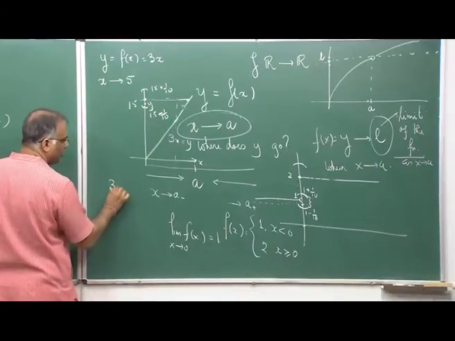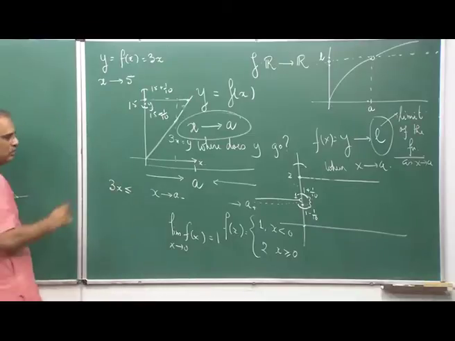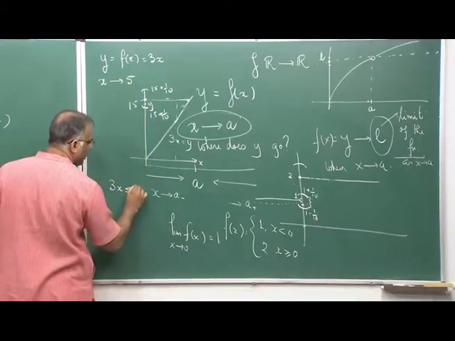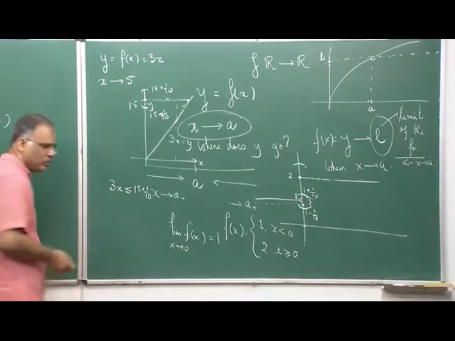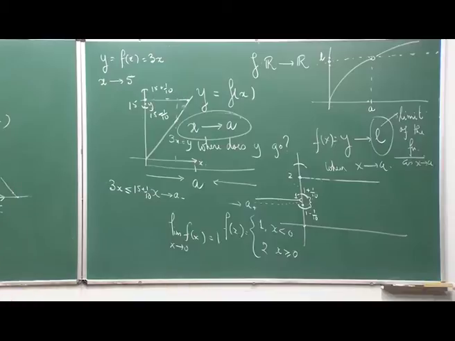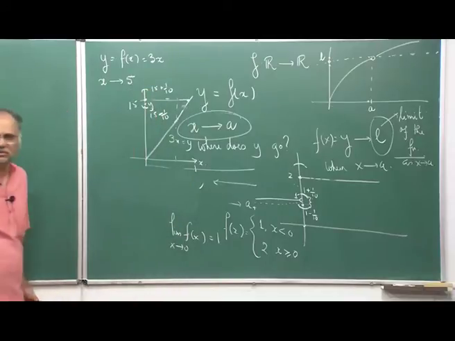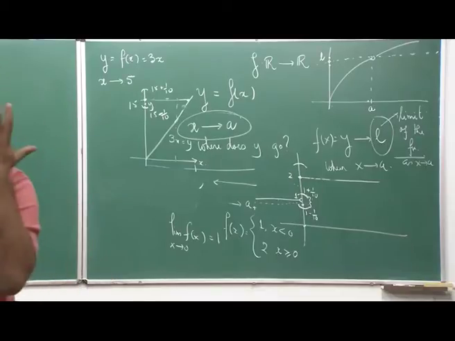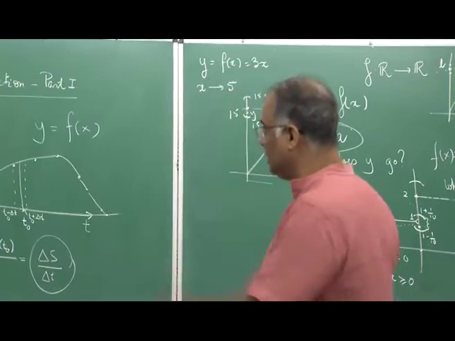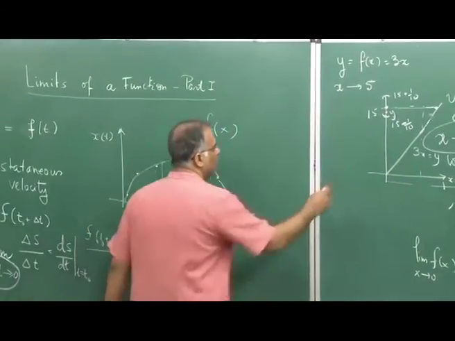I take a point y equal to 3x such that the 3x value is lying between 15 minus 1 by 10 and 15 plus 1 by 10. So now I am just getting a value. I made a small interval, it could be lesser, it could be bigger also, but lesser is what is required. You always understand this whole story comes from this instantaneous velocity business. So you have to shrink the intervals.